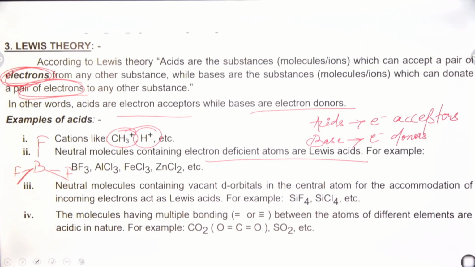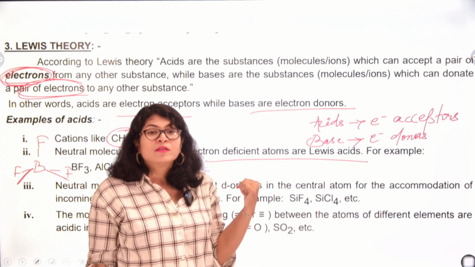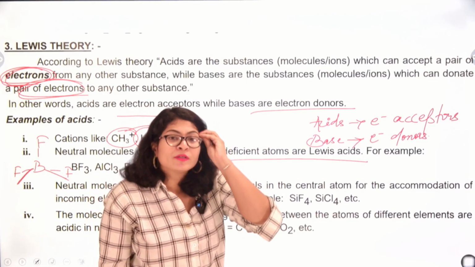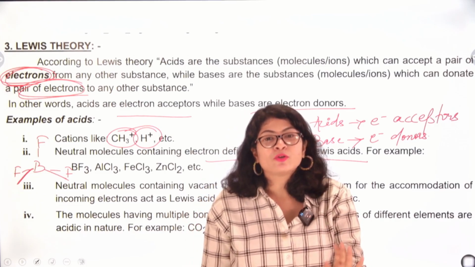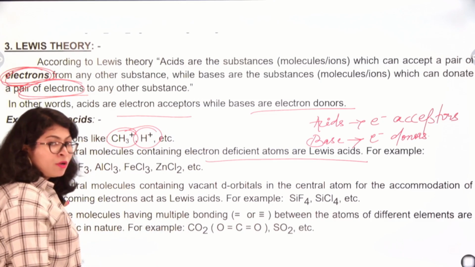Boron is forming bonds with 3 fluorine atoms, so boron has only 6 electrons around it. But as per the octet rule, an element must have 8 electrons to be considered stable. So it is lacking a pair of electrons.